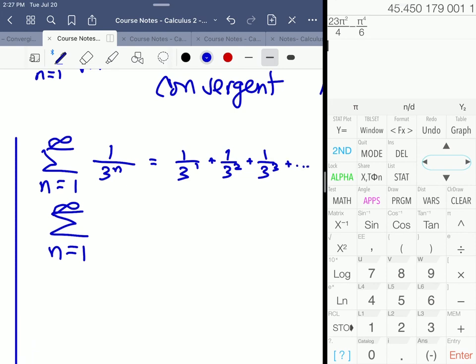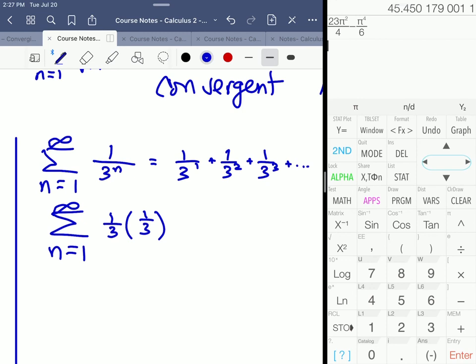When we think about the proper form of a geometric series, we want to state the starting value, which would be 1/3, and the common ratio, which would be 1/3. Common ratio means the value that you multiply each term of the series by to get to the next term.